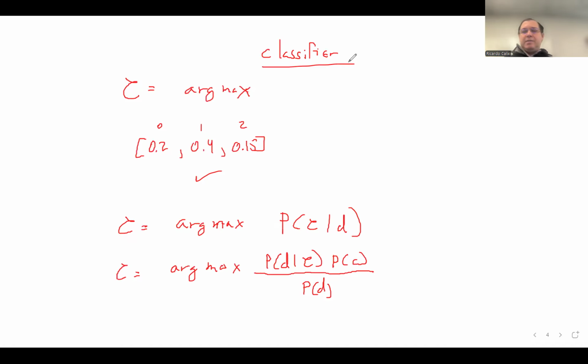So now let's expand this and imagine how this works. Let's say we have 3 classes: C1, C2, C3. Because it's more convenient to work with vectors and matrices, this is just going to end up being a vector of size 3, and then we can just use argmax on it. So for C1, expanding it, we're saying argmax for all 3, but I'm just going to write it like this: probability of D given C1.